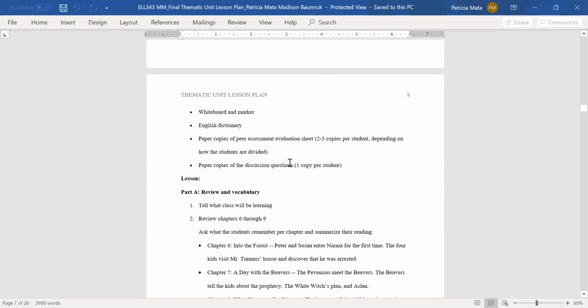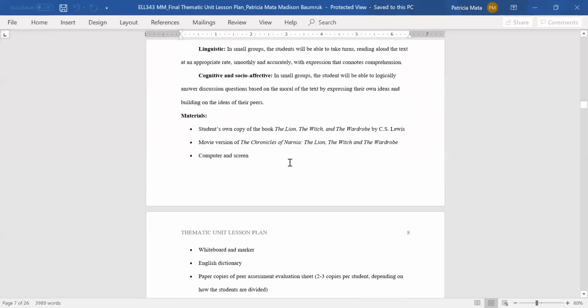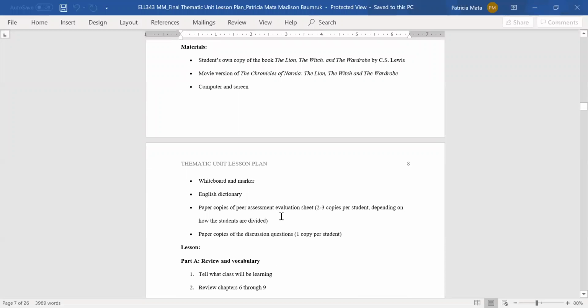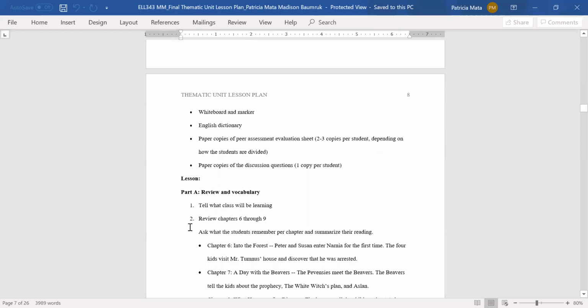So later on, the students will be doing small group readings, so they would be assessing their peers. If you're dividing them into groups of 3, the students should have a copy of 2 evaluation sheets to be assessing 2 of their peers. So it depends on how the students are divided.